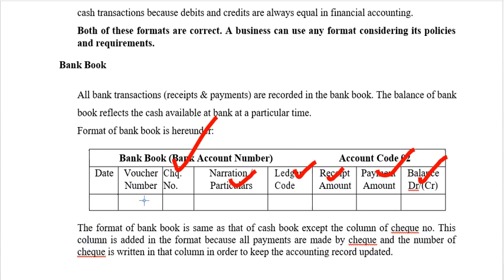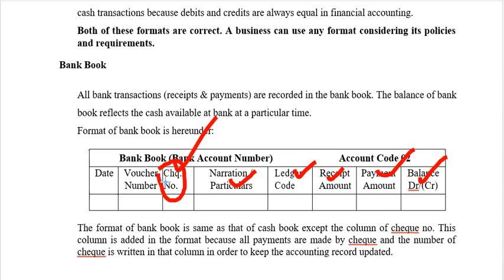But the check number is a major addition, because in a bank we do our work with the help of a checkbook, with any remittance form. So it is compulsory when you are dealing with receipts and payments, so we use the bank check. That is the major difference between the bank book and the cash book.